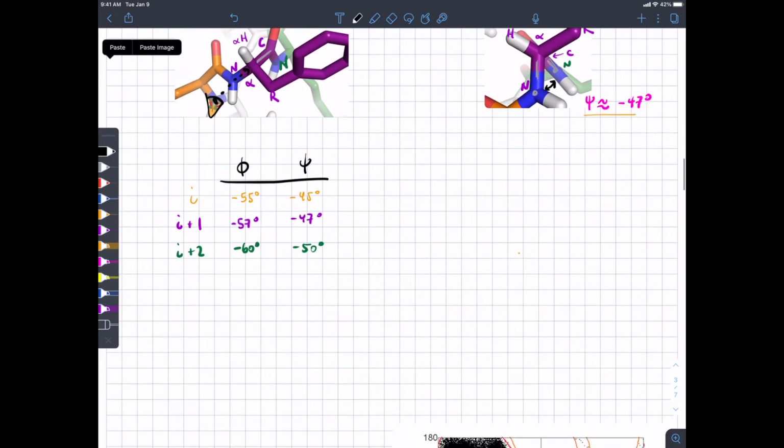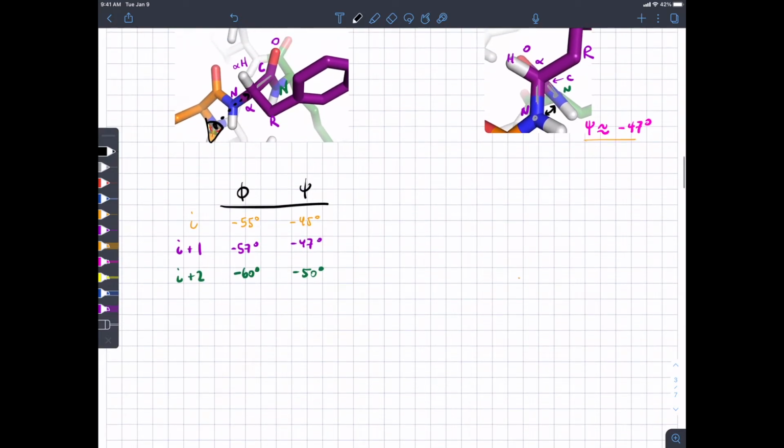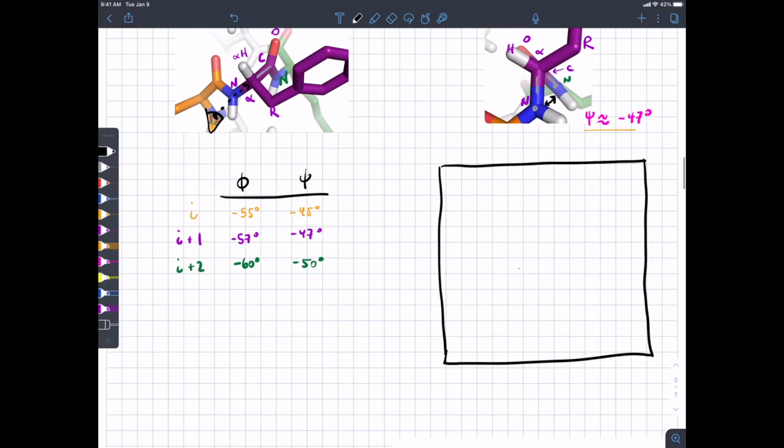As that began to happen, people started to look for patterns in the phi and psi angles, and Professor Ramachandran was the first to plot these phi and psi values to get a sense for what types of structures amino acids would adopt. So on this axis, we're going to put phi, and on this axis, we're going to put psi.